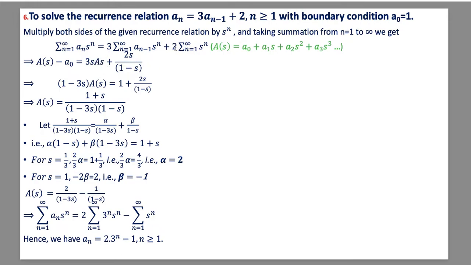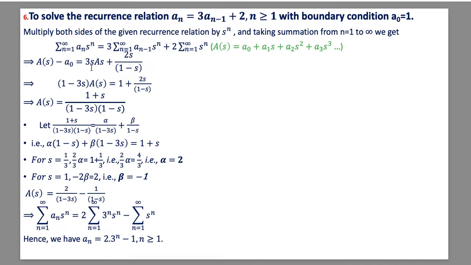And for here this is 2 and this is s raised to power n. For n equal to 1 it is s plus s square plus s cube and so on. In fact, it is an infinite geometric series. First term is s and common ratio is s. So s upon 1 minus s, because the sum of an infinite series is a upon 1 minus r. So s upon 1 minus s.